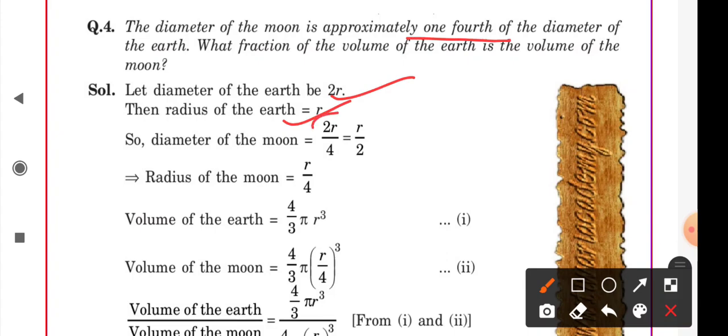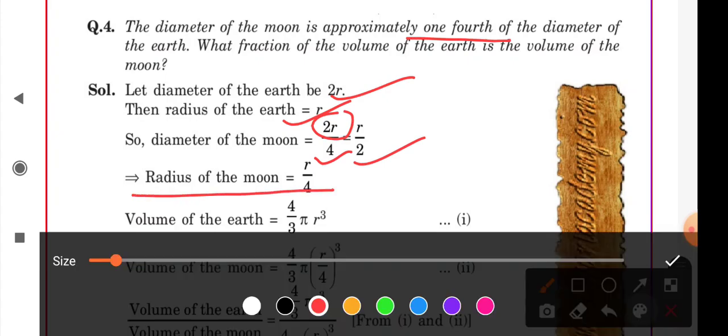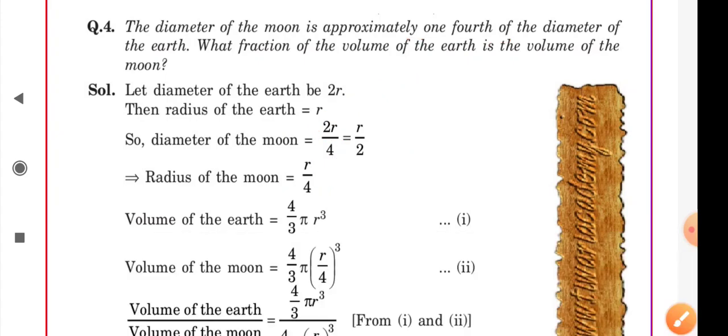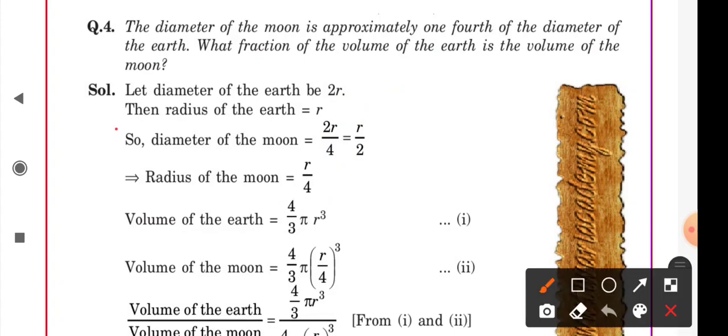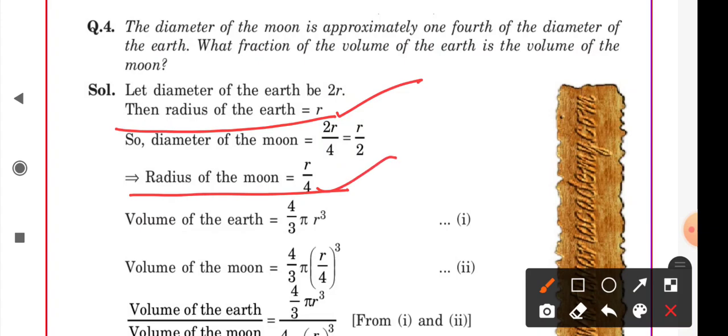So the diameter of the earth is 2r, you will divide it by 4. It is r upon 2. Therefore the radius of the moon is r upon 4. You require the radius of both the earth and the moon, and now you have them. Now the volume of the earth is 4 upon 3 pi r cube, and the volume of the moon is 4 upon 3 pi r cube, where in place of r you will write r upon 4 whole cube.